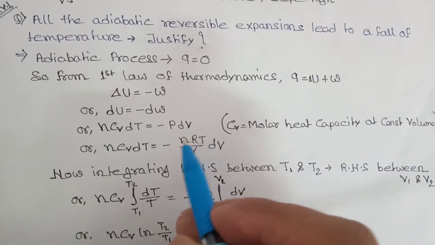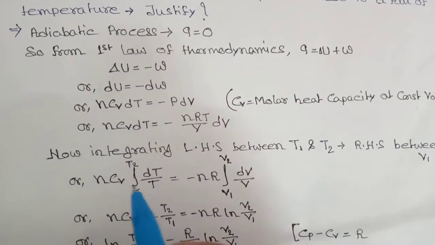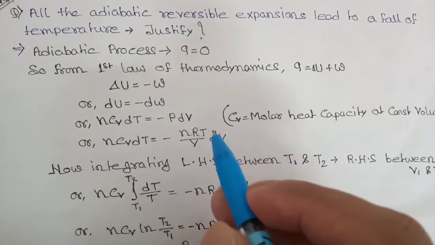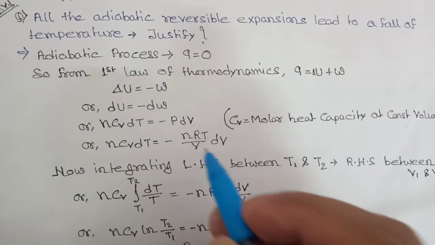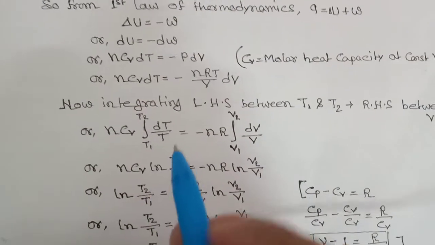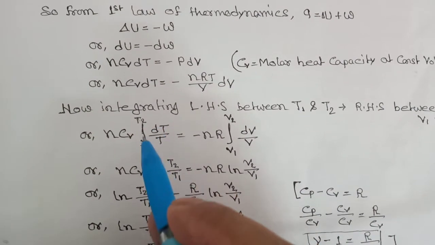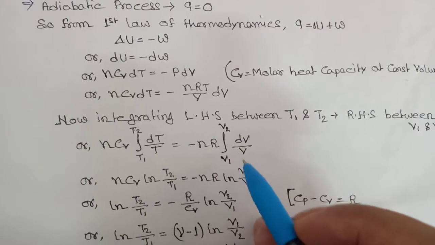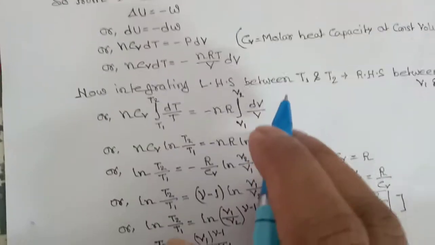So T will come to this side, and here minus nR will be there, and the integration of dV by V. On integrating, this comes out as ln T2 by T1, and this comes out as ln V2 by V1.